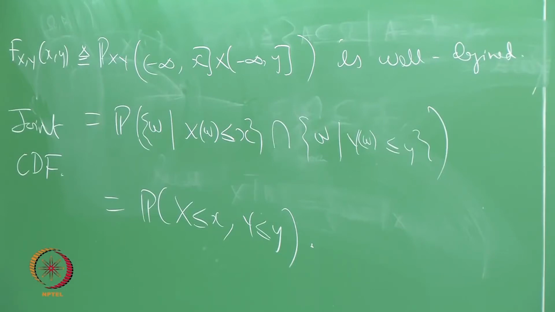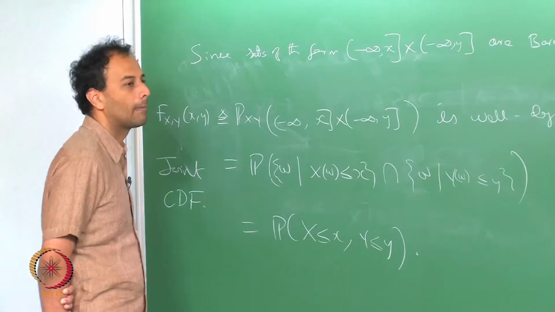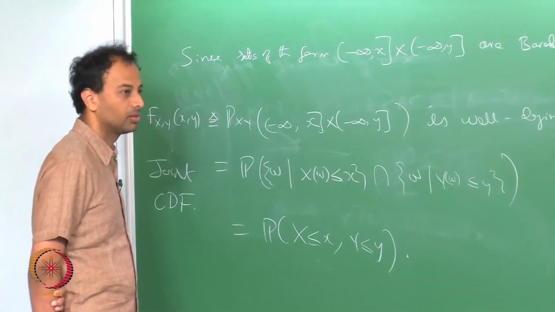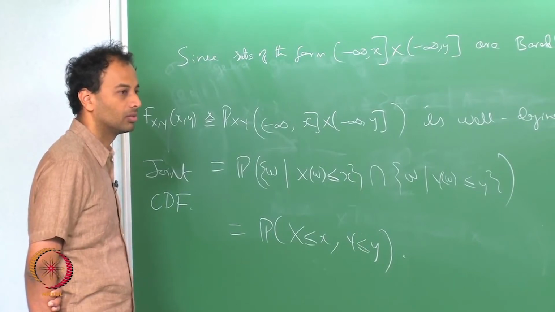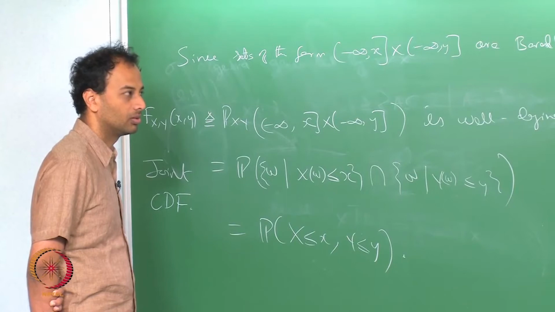With me? So, you said from joint probability law we can get individual probability law. Yes. But is it possible to get the joint probability law from the individual probability laws?